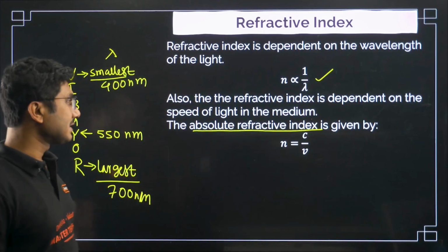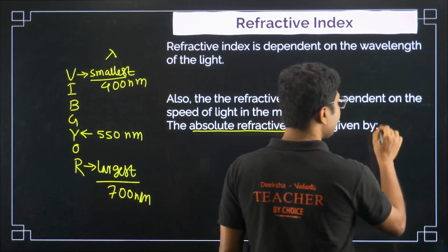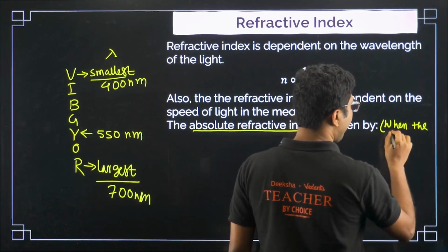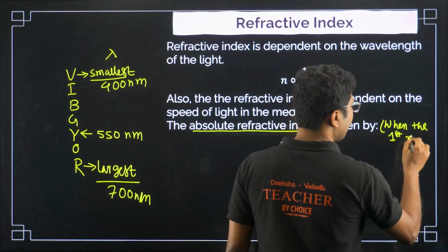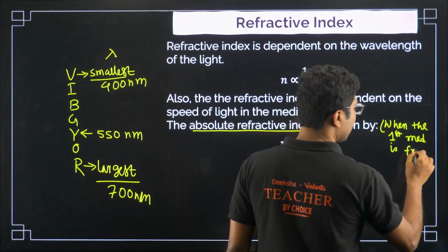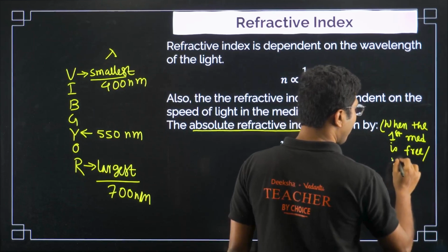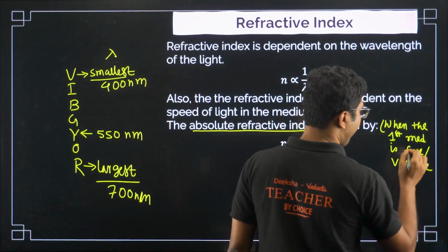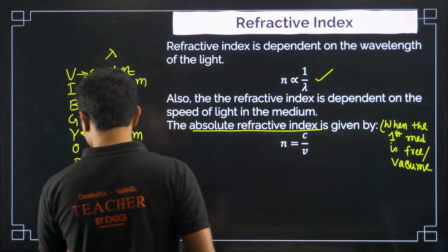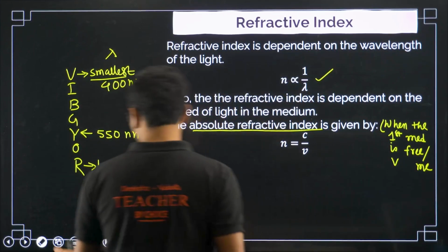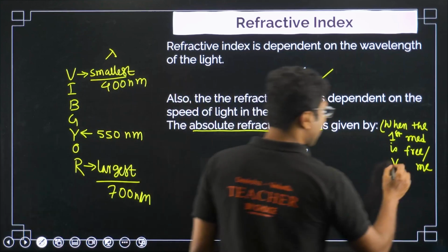If the first medium is free space or vacuum, then that is called absolute refractive index.